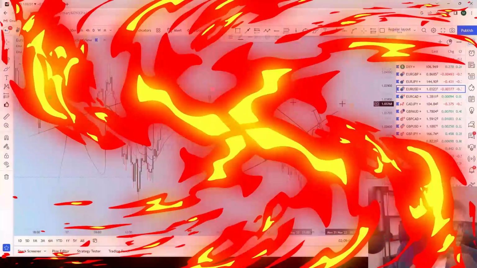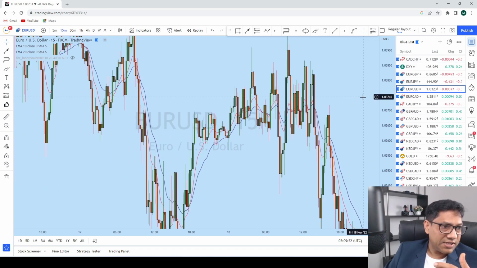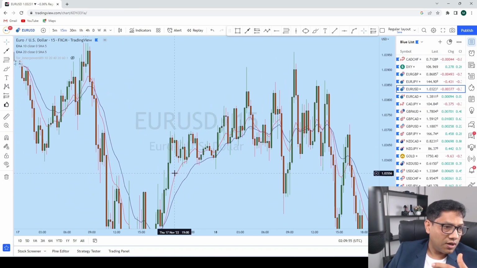Okay, so let's look at this euro dollar on 15 minutes. Once you look at the chart, you'll see a lot of trades based on what I have explained so far. If you look at this price action here, euro dollar is creating a level of support and a level of resistance. If you draw this zone, what do you see?